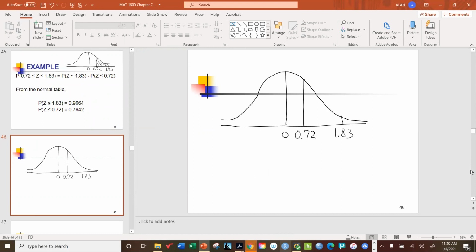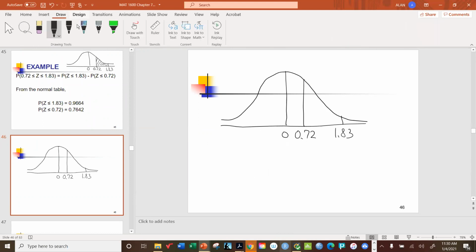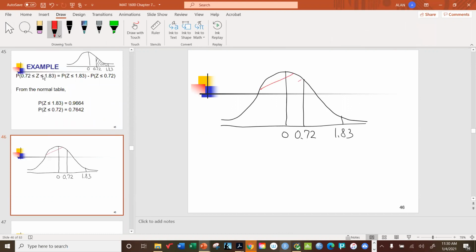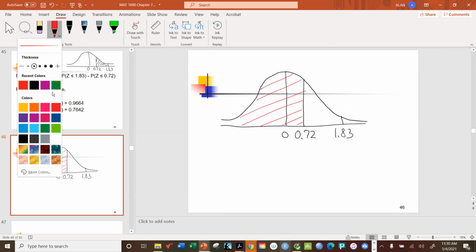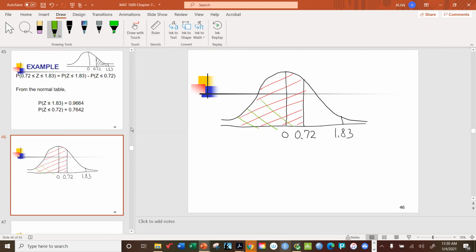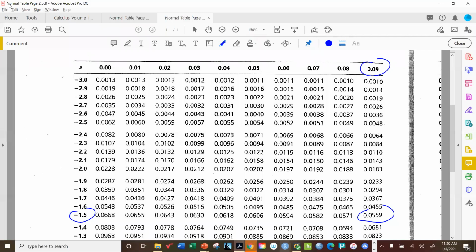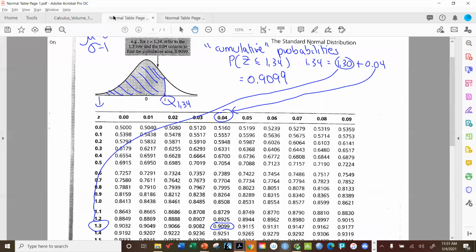The area to the left of 0.72, which we can look up on our table, is this. And then the area below 1.83, let's use a different color, would be this. And so while we're at it, we may as well go look those up in the table. So 0.72 comes from the positive table.